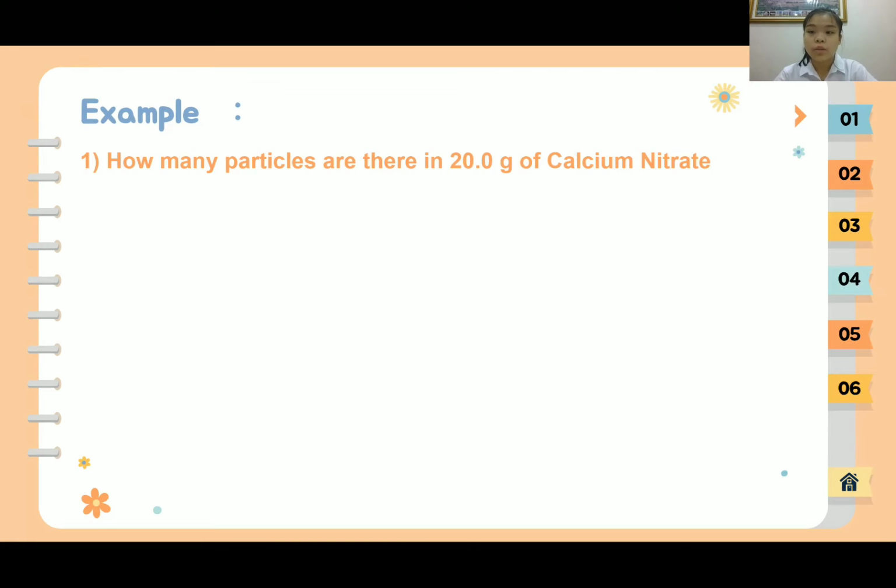The molar mass of calcium nitrate, where the chemical formula is Ca(NO3)2, equals 40, which is the atomic mass of calcium, plus 14 times 2. 14 is the atomic mass of nitrogen, times 2 because there are 2 nitrogen in the chemical formula, plus 16, which is the atomic mass of oxygen, times 6 because there are 6 oxygen in the chemical formula, which will result in 164 gram per mole.